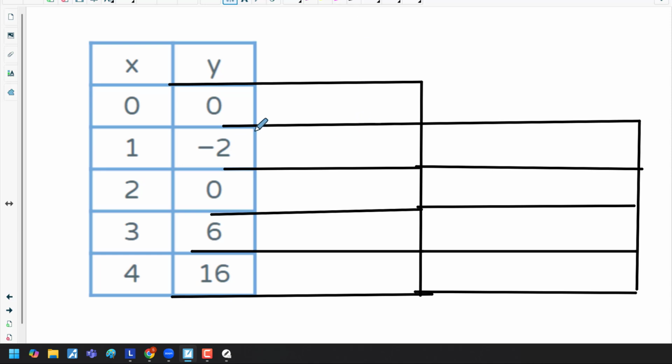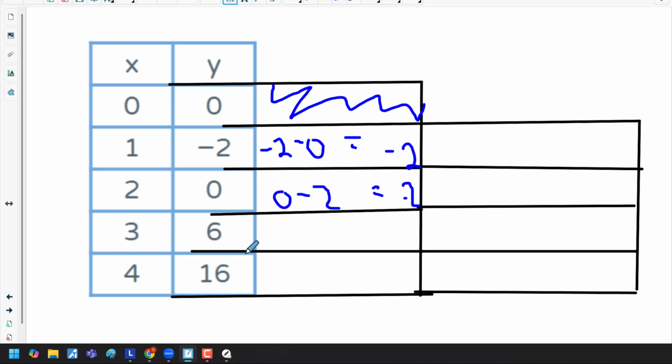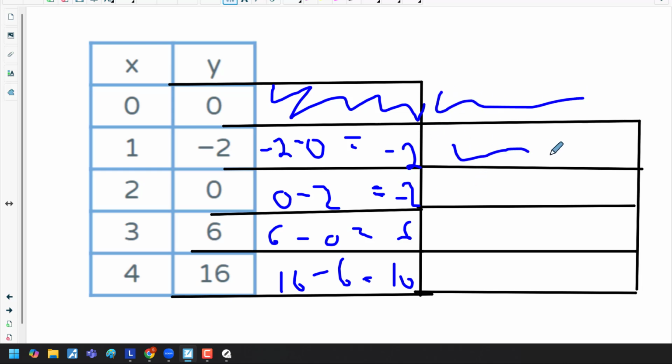All right, here we have -2 minus 0, which is -2, 0 minus 2, which is -2, and we have 6 minus 0, which is 6, and 16 minus 6, which is 10. Now, -2 minus -2 is 0.